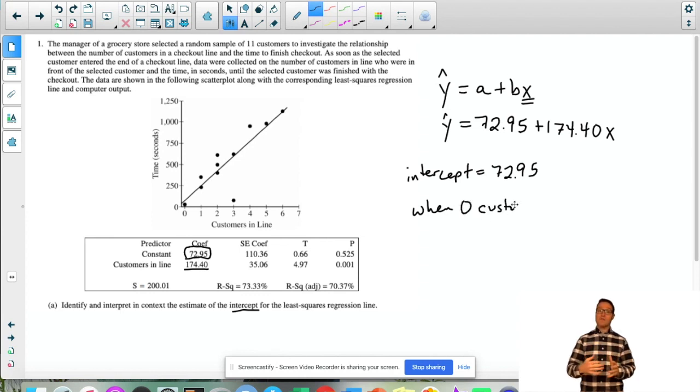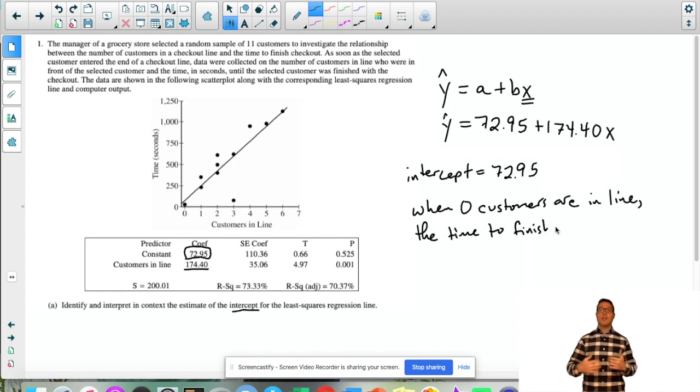And here the x variable is the number of customers in line. So when there are 0 other customers in line, the y variable is 72.95. What was the y variable? That was the time in seconds to check out, right? So when 0 customers are in line, the time it takes in seconds to check out is predicted to be 72.95, right?